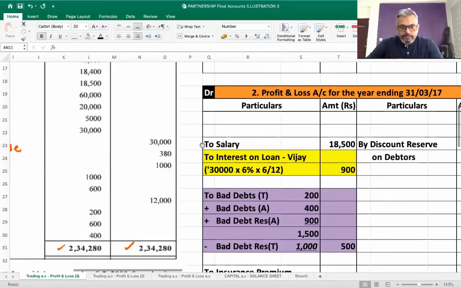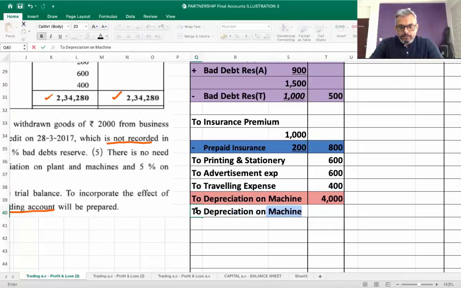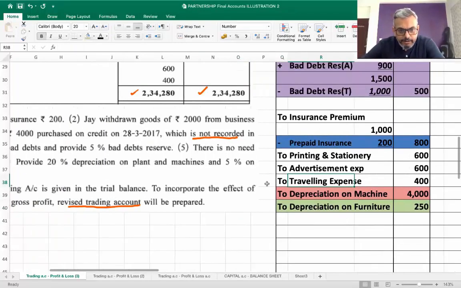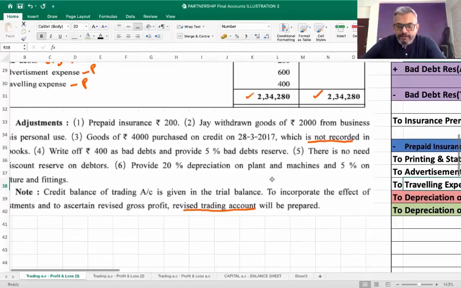Second effect, profit and loss account, debit side, to depreciation on furniture 250. Now let's check if everything is done. Okay, all the effects are given properly of all the adjustments.